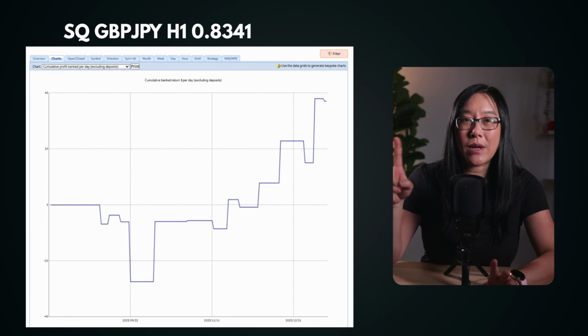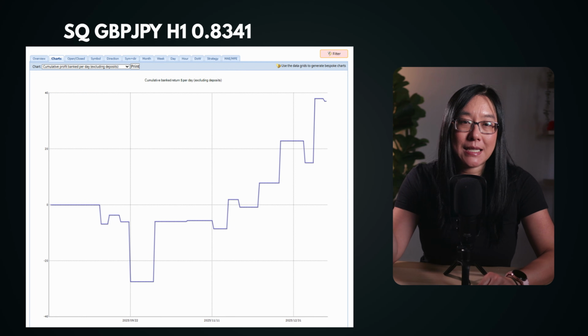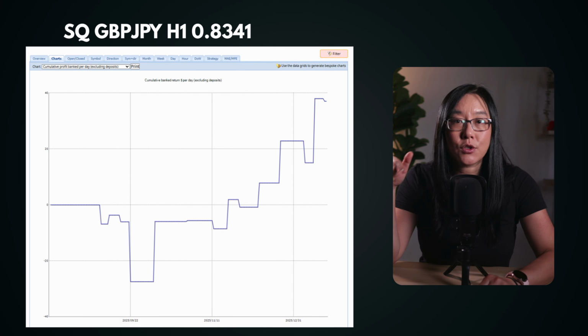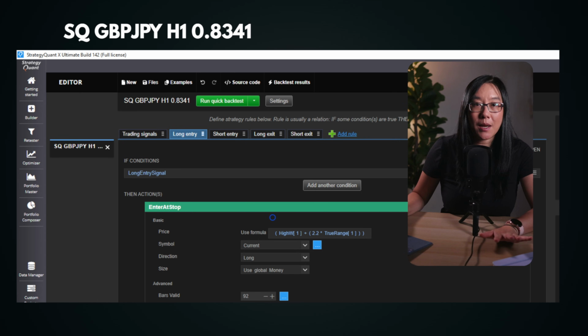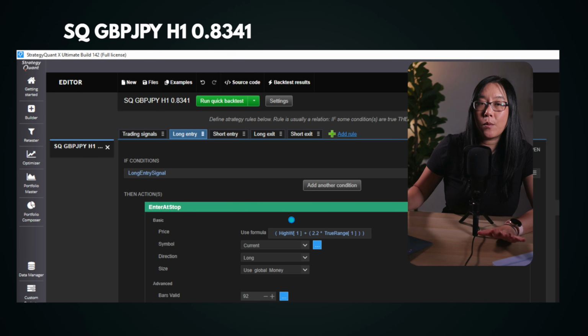Let's look at an example where we're going to use 2 indicators in our calculation, and we're going to look at another strategy that I sent out to my students 5 months ago, and this one is trading on the pound to Japanese yen 1-hour time frame. This time you can see the price is set to a formula which uses 1 indicator, the weekly high, and then we're adding it to the true range multiplied by 2.2.